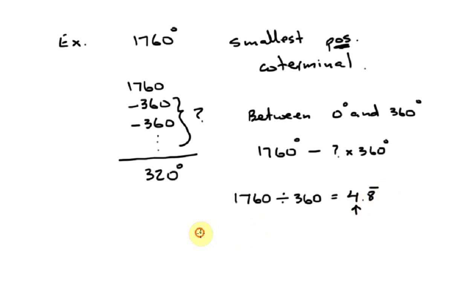So why don't we take our 1760 and take out 4 complete groups of 360. And if I do that, I wonder what I get left over. Well, wouldn't you know it, you get 320, which is the answer. So this is a much more economical way to find these small positive coterminal angles.